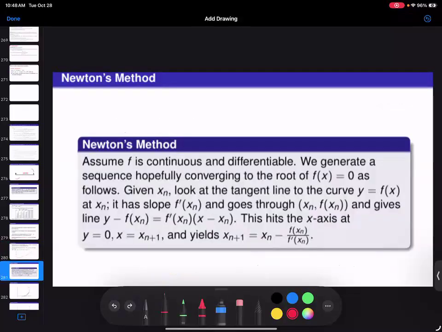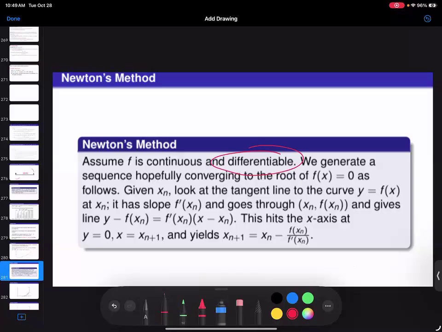And we can use this to create a method to find or to approximate roots of polynomials. This is Newton's method. It is absolutely amazing how well this works. So assume f is continuous and differentiable. So this is more than the divide and conquer.